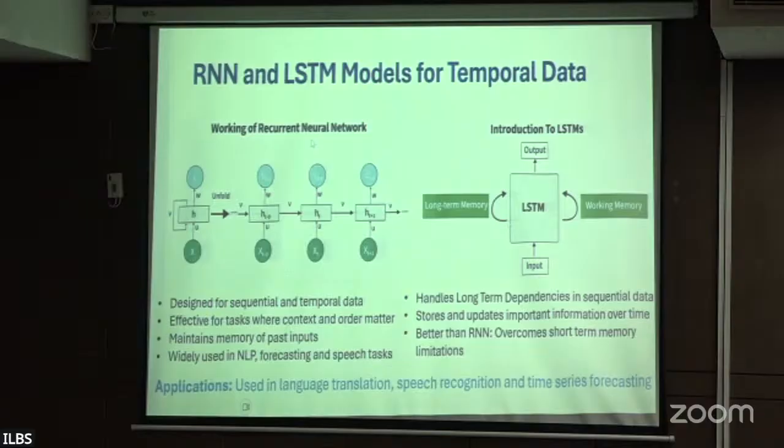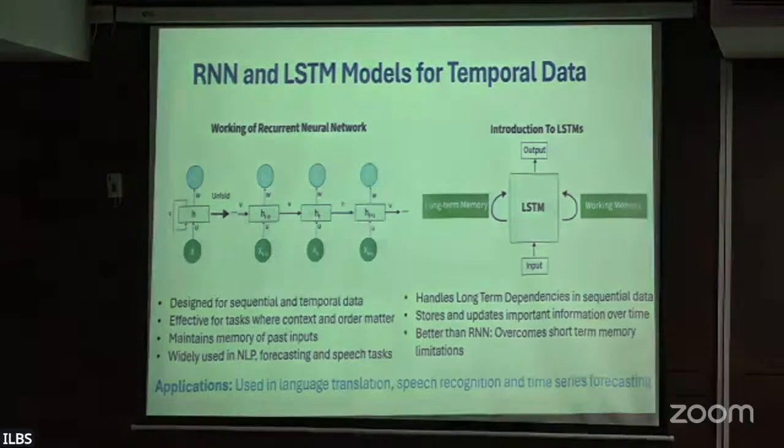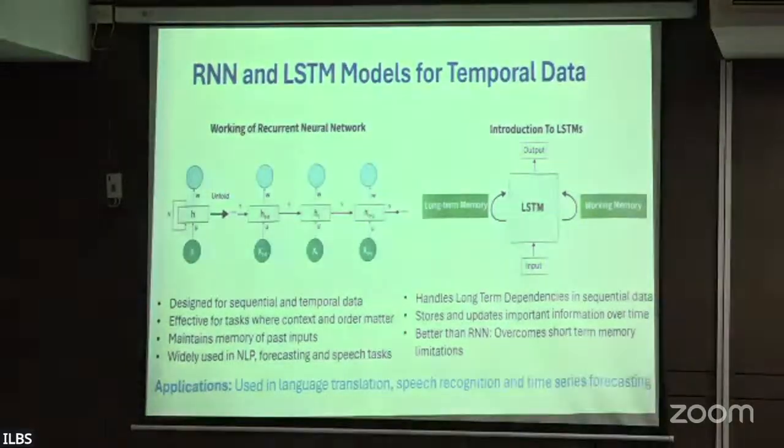In recurrent neural network, the memory is not very large. In long short-term memory, the memory is large, so we can analyze a long-term dependency. Gradually the advancement was done for the recurrent data analysis. So these are the different architectures.